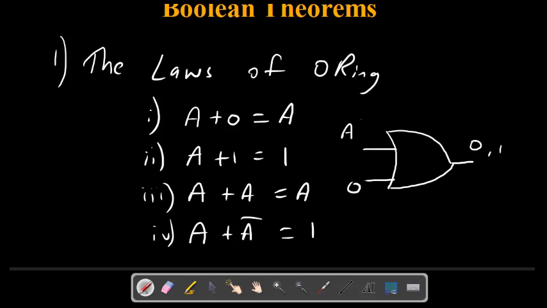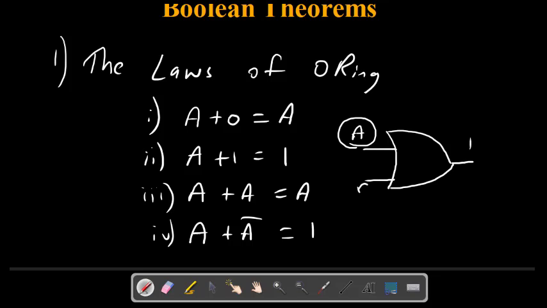So whatever is A, we get at the output. Therefore A or 0 is always equal to A. Then next one also we can verify. Here we have A, here we have 1. Even if a single input is 1, output becomes 1. So irrespective of what A is, this is always 1. So this is also verified.